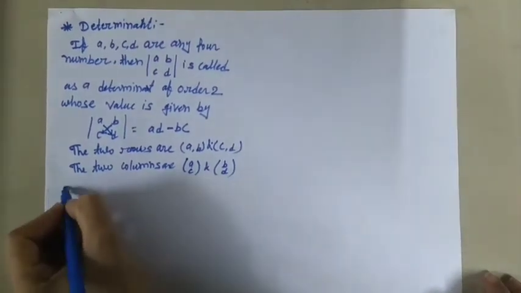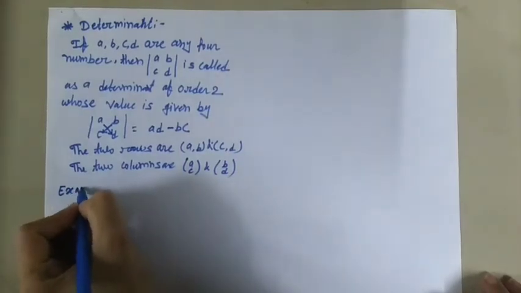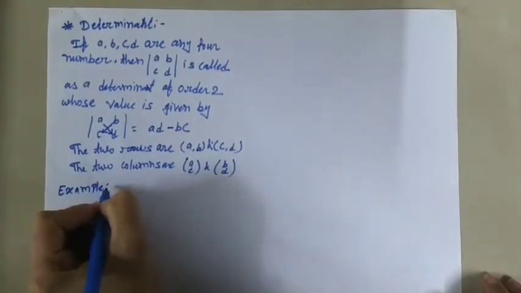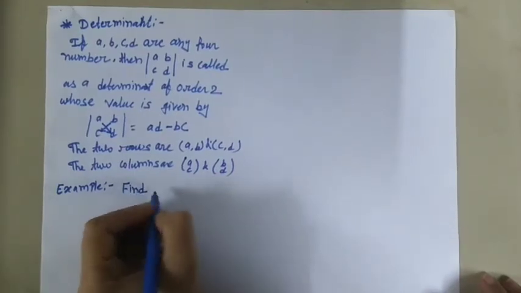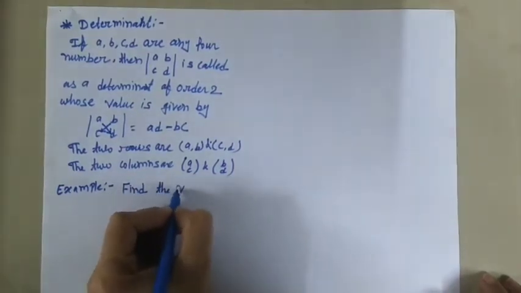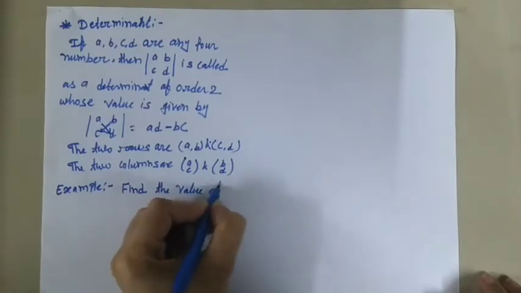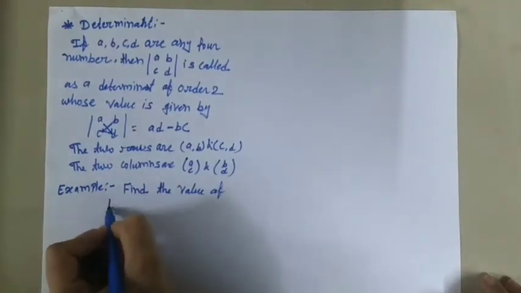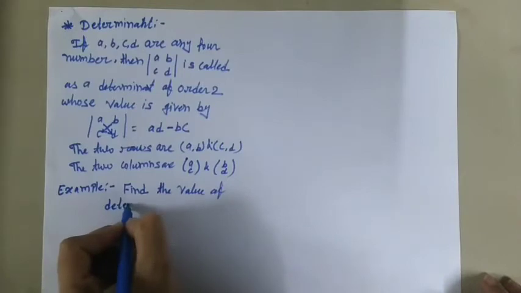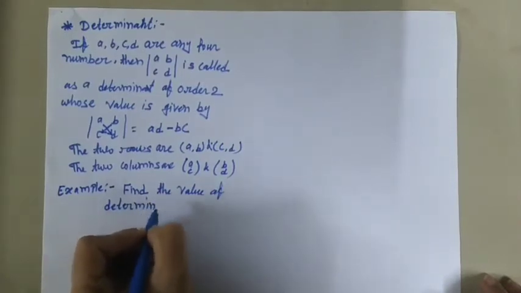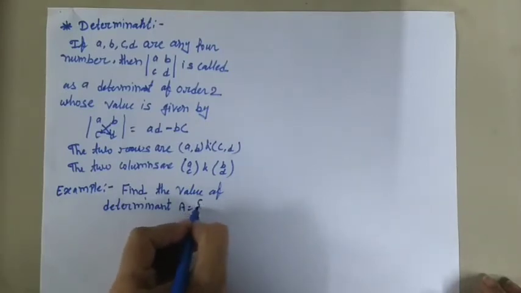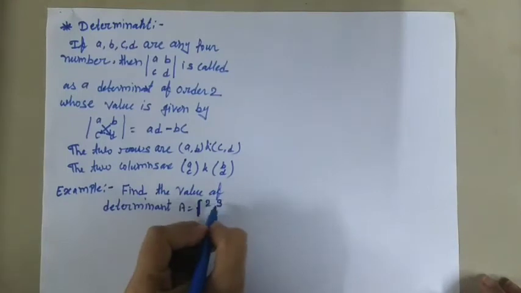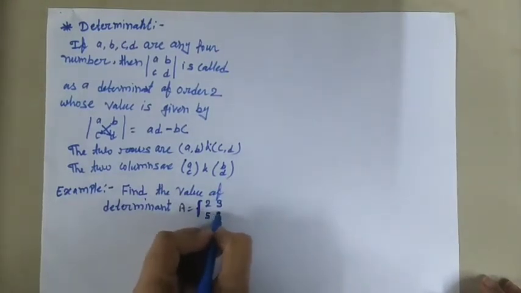For example, find the value of determinant A equal to |2 3; 5 2|.